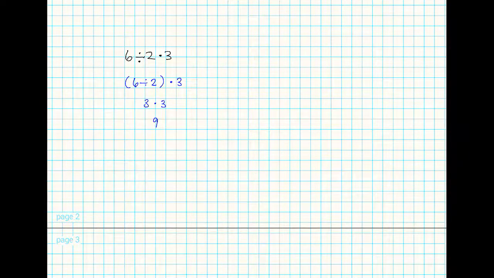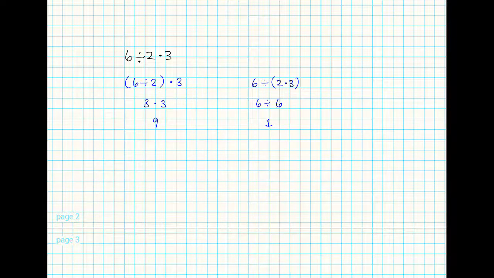However, if I do the 2 times 3 first, and then take that divided into 6, that is 6 divided by 6, which is 1. And you might ask yourself, now, which one is it?